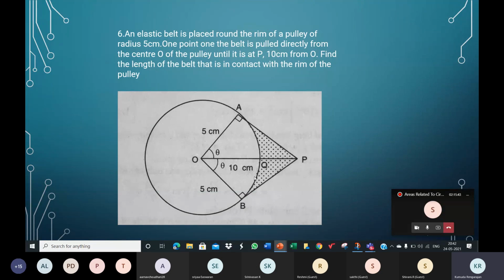The belt which was on this portion has been stretched and pulled out of the pulley like this. So which is that length of the belt that is still in contact with the rim of the pulley? This one. This is the rim of the pulley and there is elastic here. So this length is what you have to find. And you also have to find the area of the shaded region, the dotted region here. Yeah, please think about it.